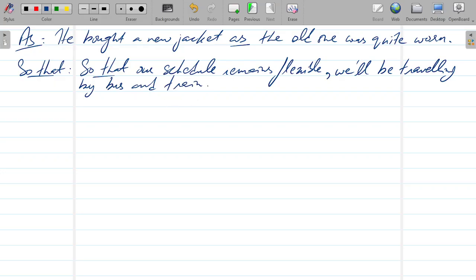So obviously buses and trains are far more flexible as compared to taking flights.